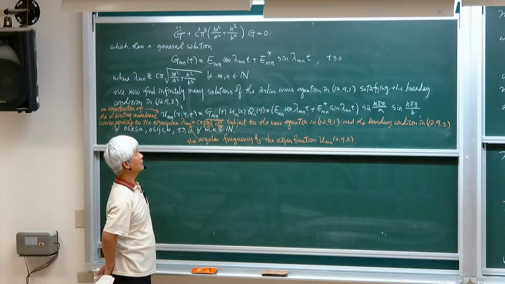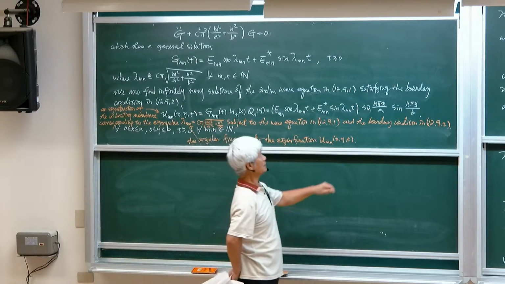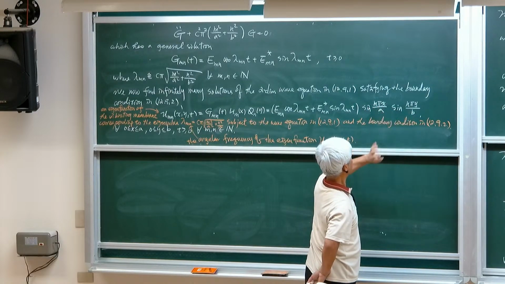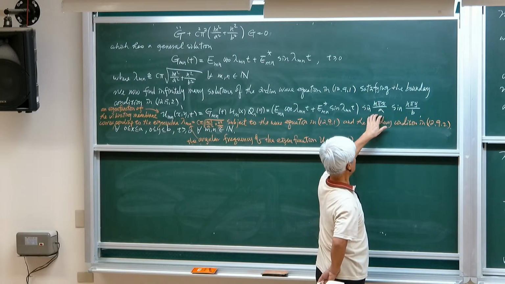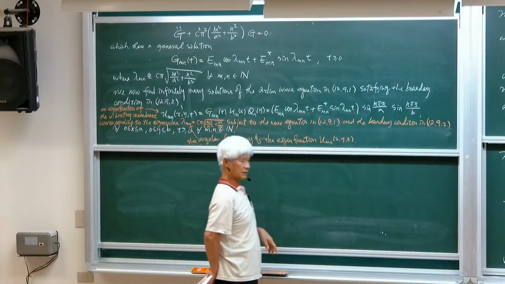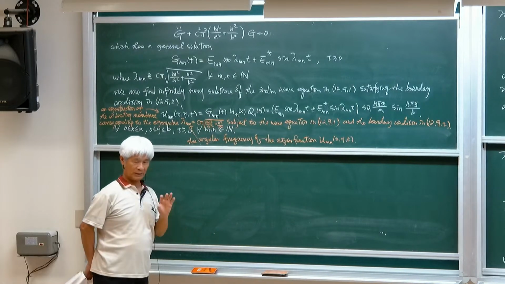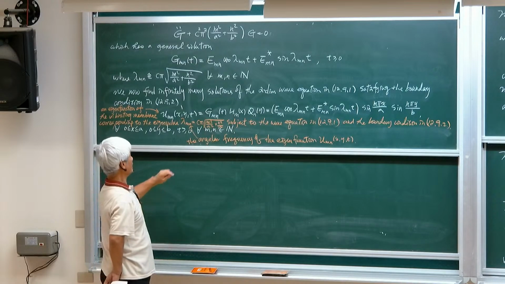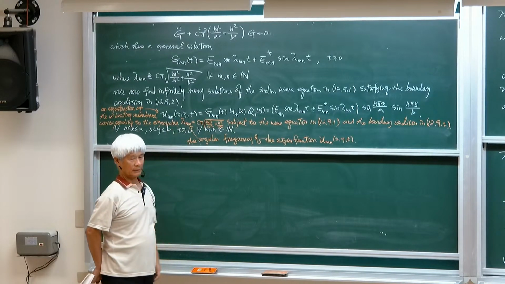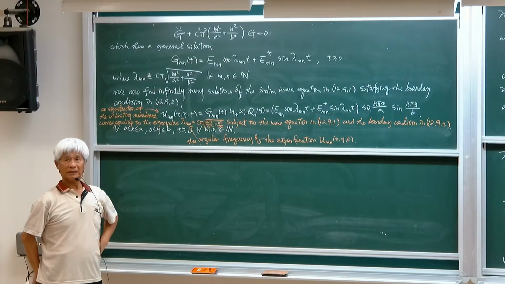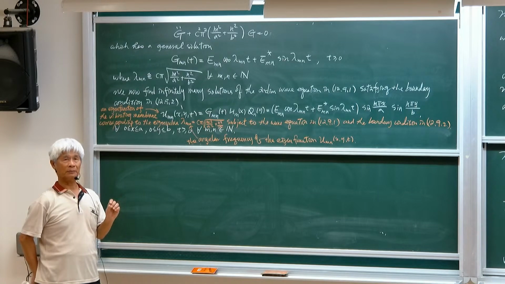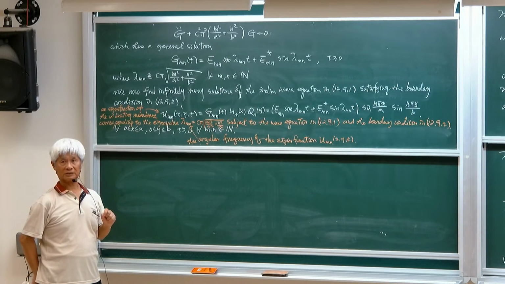Okay, and as you see, if m and n are different, then you have different eigenfunctions. So it is possible that the eigenvalue is degenerate because it corresponds to more than one eigenfunction.